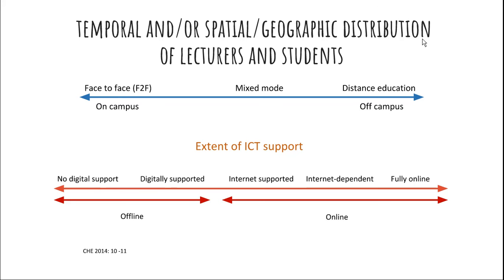Whereas an internet-dependent kind of course or program would be where the whole course pretty much depends on access to the internet. So you can't really do the course without the internet, although there would be other modes, and then of course you're fully online. So you can think about your flexible learning and teaching and using or not using technology along these continuums.